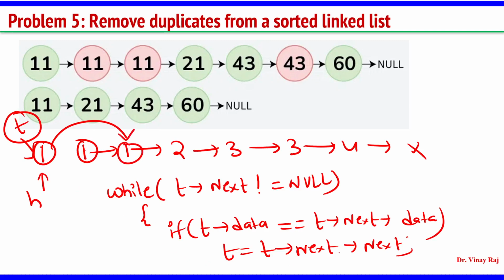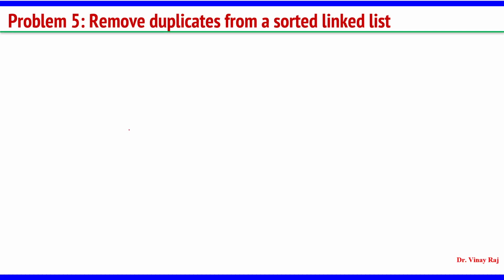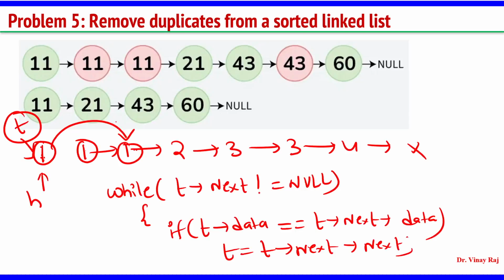Again, same process. While T data is equal to T next data? T is 1, T next data is 1. Then in that case, you make this connection and bring this connection. Now again, is T data equal to T next data?